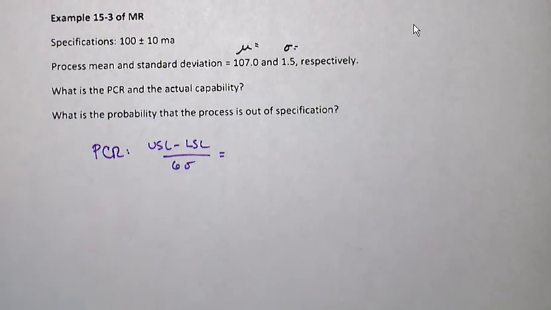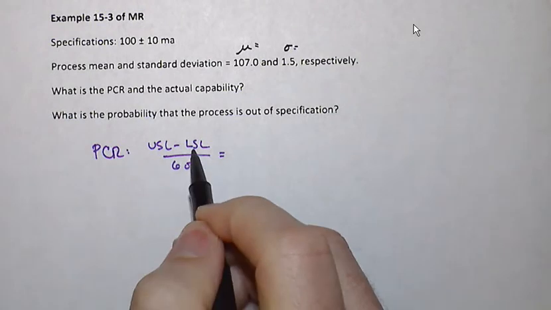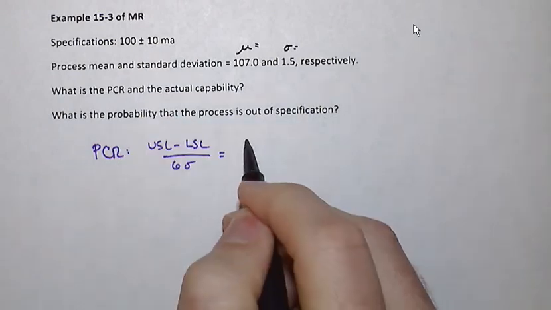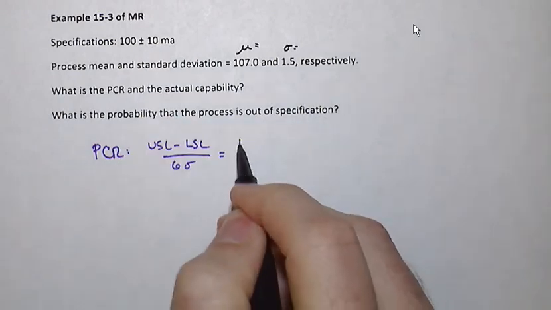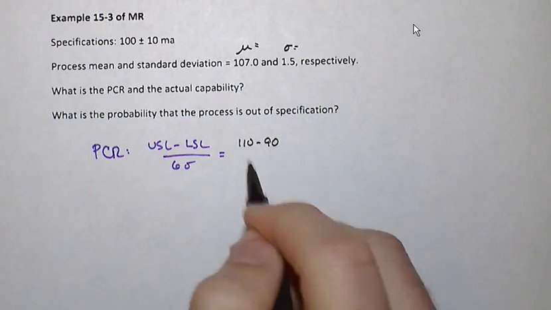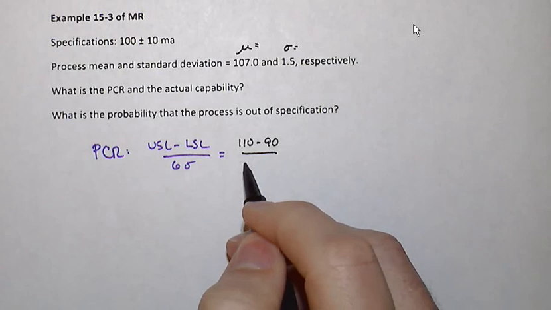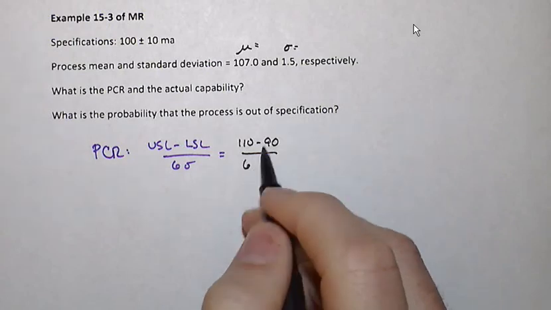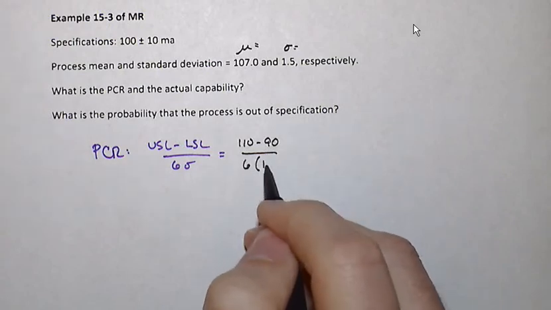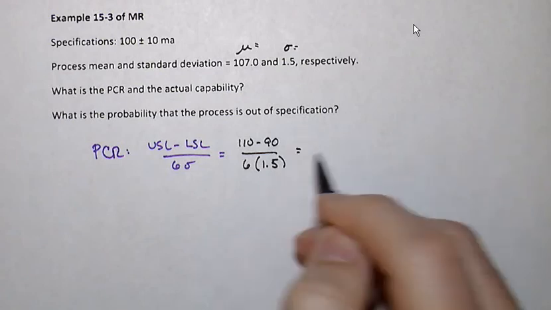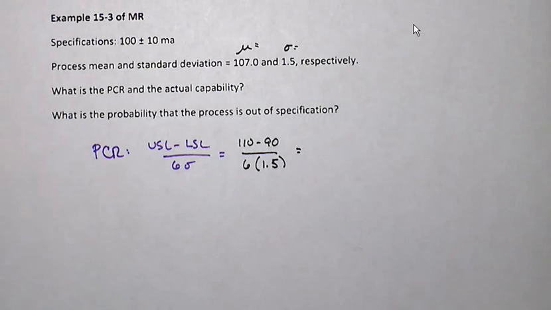And our upper minus our lower is really just plus or minus, so you could write this as 110 minus 90 if you want, but it's really just 2 times the 10. And then over 6, and here's where they made their mistake, they wrote a 5 down instead of a 1.5. And so the number that they calculate turns out to be correct. That's 2.22.